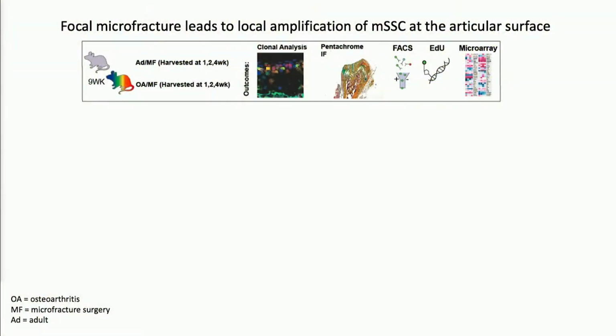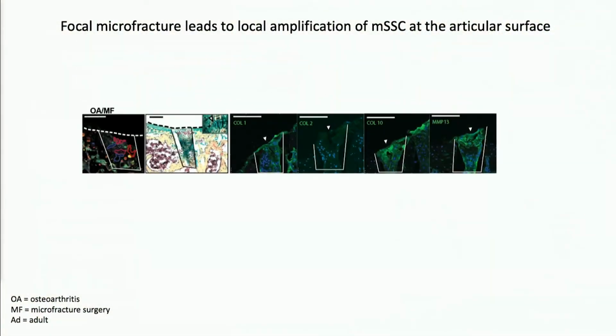So then we wondered how focal microfracture affects the SSCs at the articular surface. And here we have the microfracture site outlined in the white line, and you can see that there is an increase in clones present in that microfracture site when compared to the surrounding tissue. And then when we look at the pentachrome stain here, we have an increase in cartilage compared to the surrounding tissue.